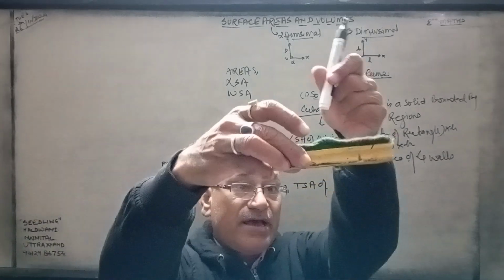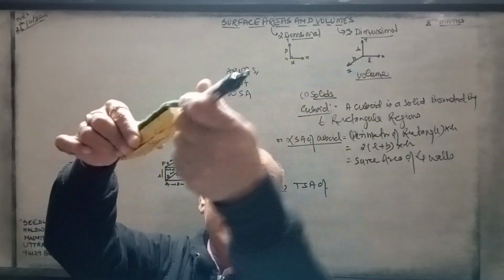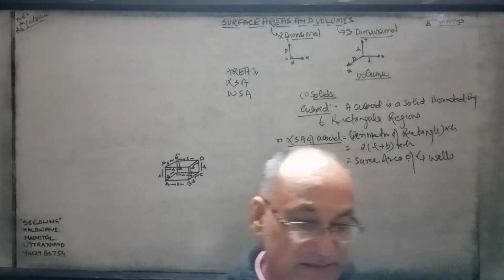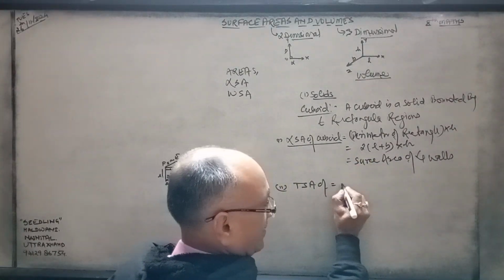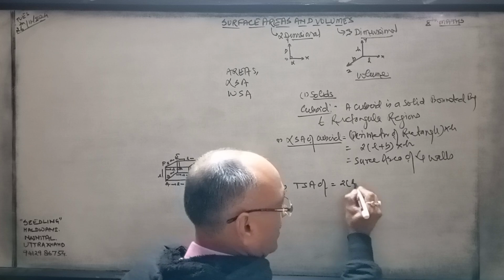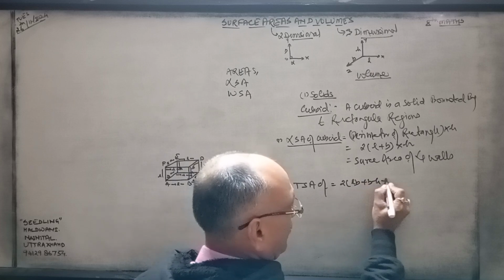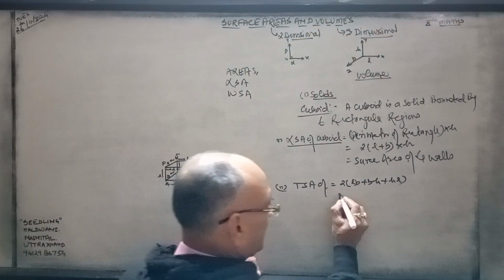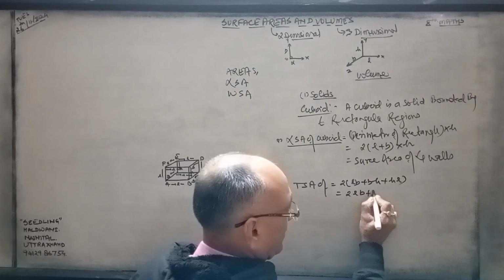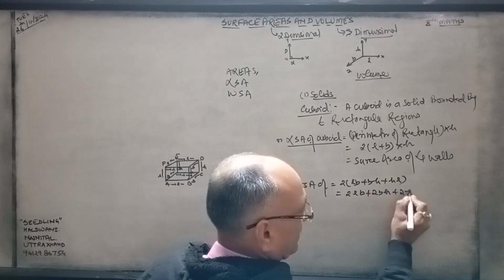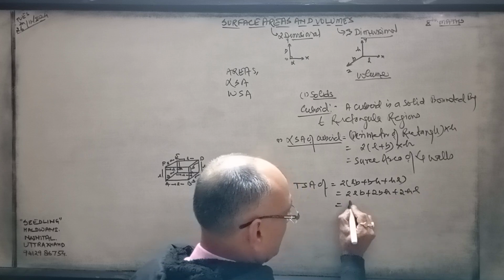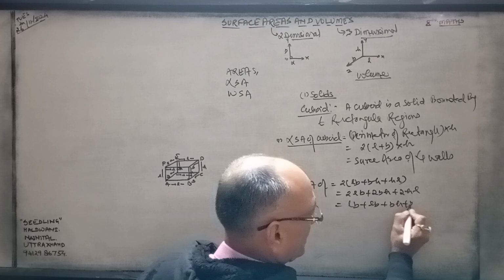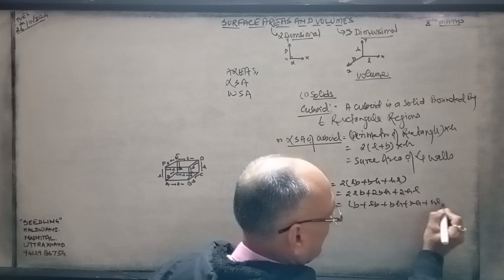This means the area of this, this, this, this, this, and this. So the formula you write is 2LB plus 2BH plus 2HL. Where is it coming from? Break this: LB plus LB, plus BH plus BH, plus HL plus HL.